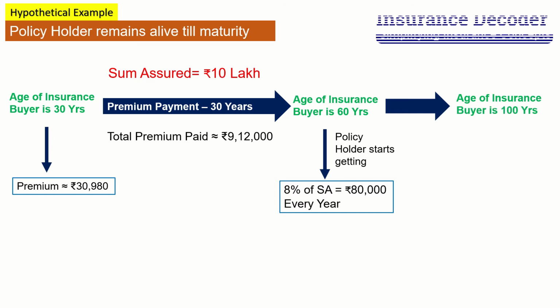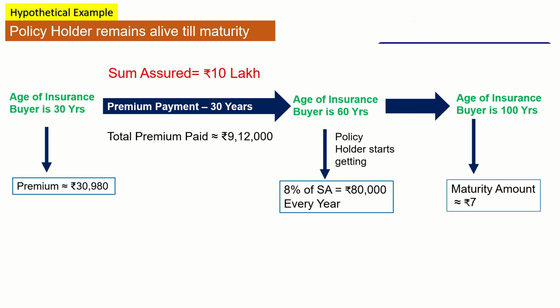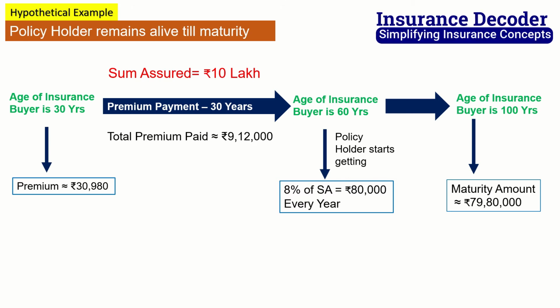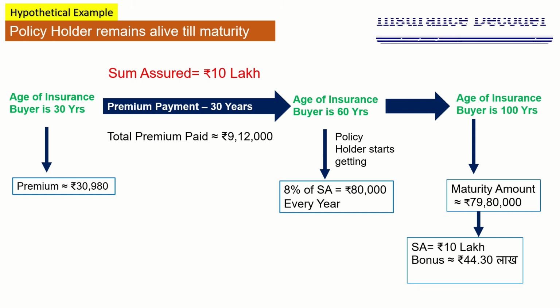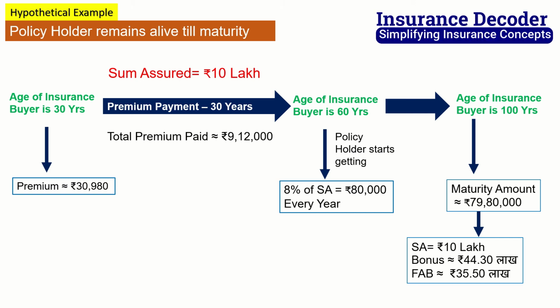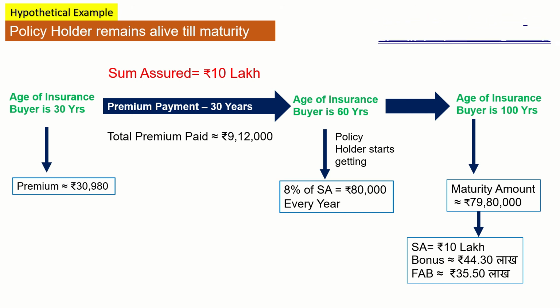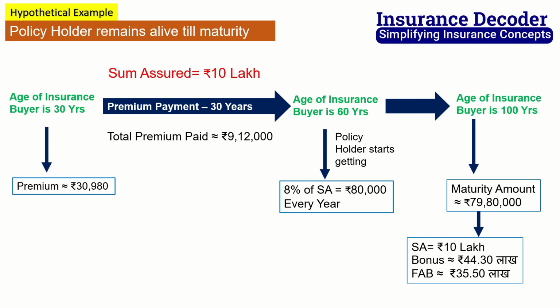When he reaches the age of 100 years, this policy will stop and he will be given the maturity benefit, if the person survives till 100 years. So he will get the maturity amount of 79 lakh 80,000, and this will include sum assured of 10 lakh rupees, bonus of 44.3 lakh, and final additional bonus of 35.50 lakh. So this is how this will work.